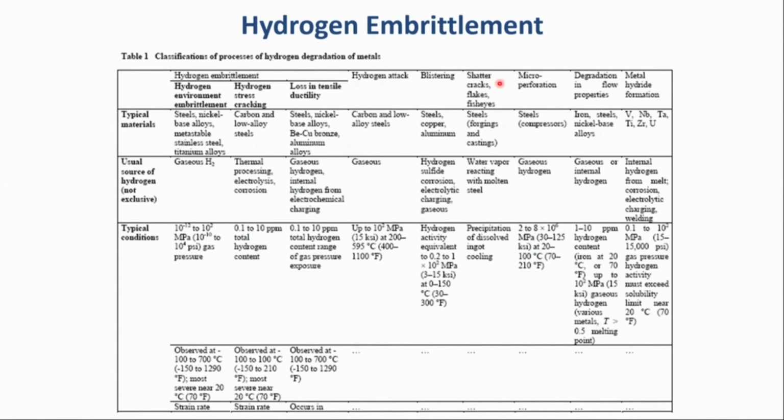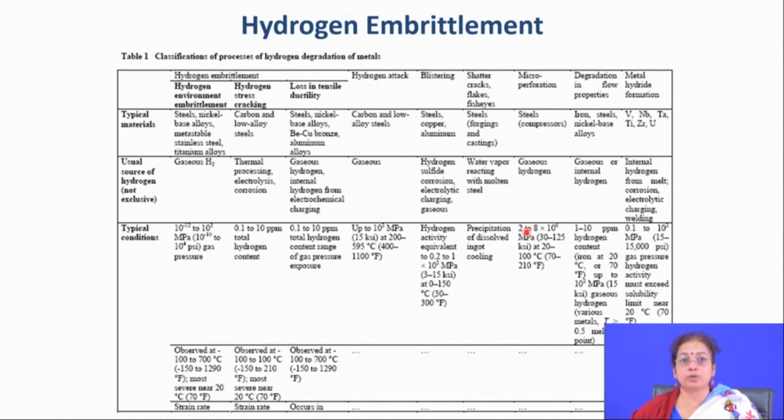There is also shattering, or shatter cracks or fisheye formation, which is another kind of hydrogen assisted embrittlement, cracking or damage phenomenon. This happens when the stress is a little higher than that required for blistering, and the surrounding area gets fractured, and the component looks like typical flakes or fissures.